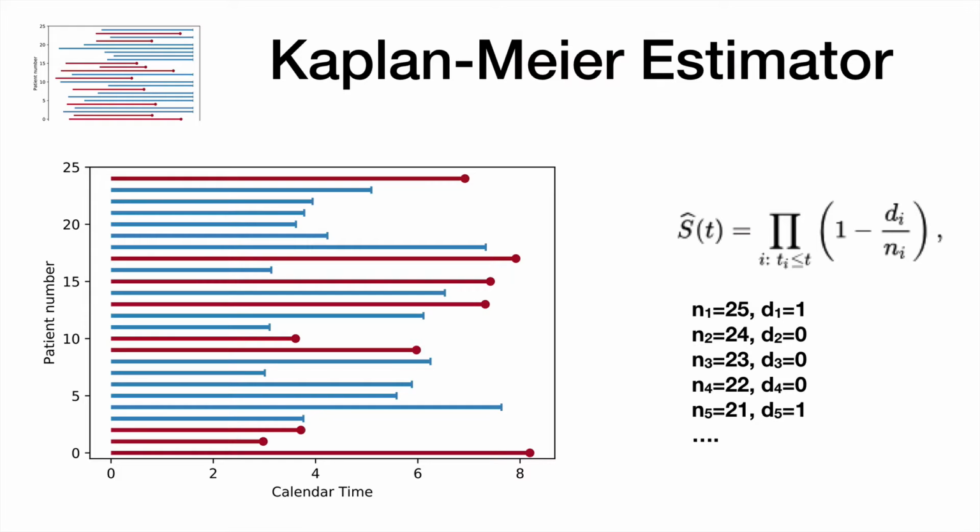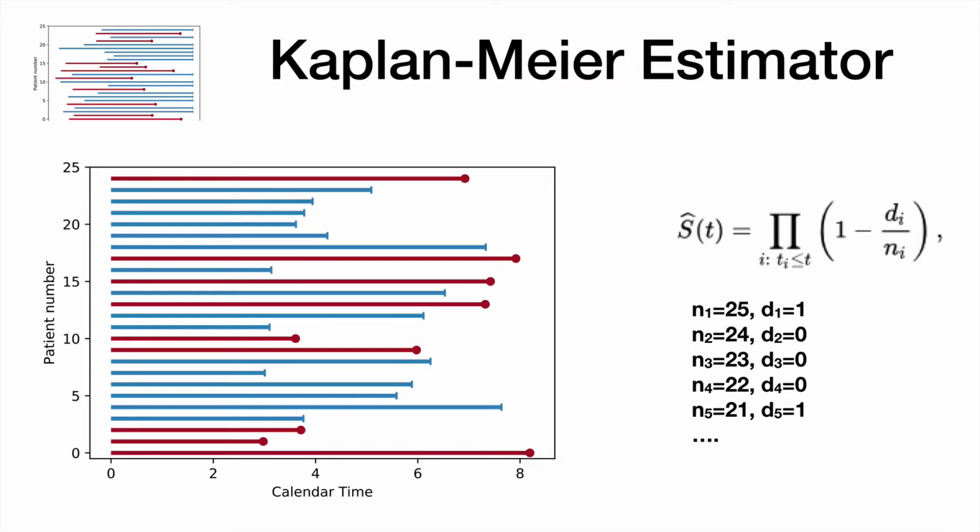So the Kaplan-Meier estimate is just an estimate of the survival time, and it's formed as a piecewise product. At each point in time, you take the number of events, that is the number of individuals that died during this piecewise time, and you divide that by the number of individuals.